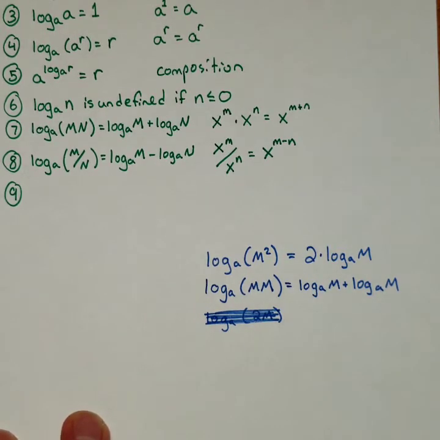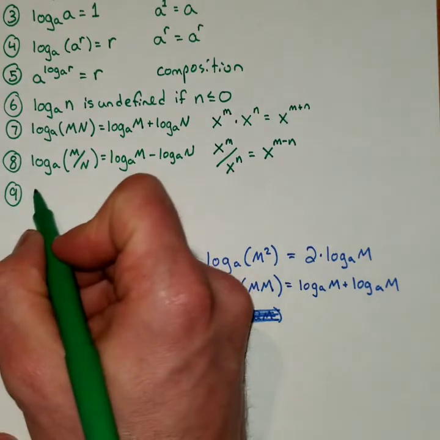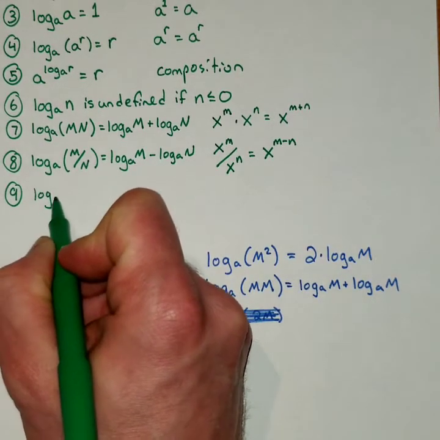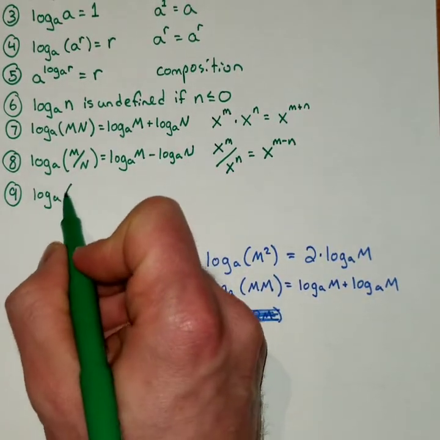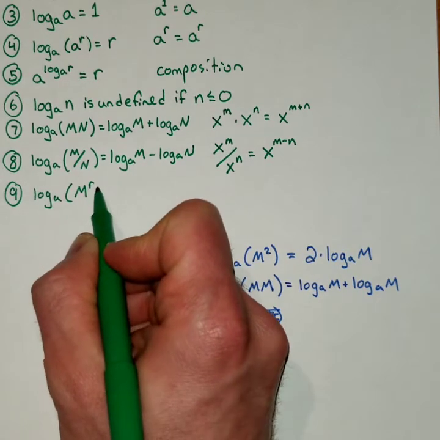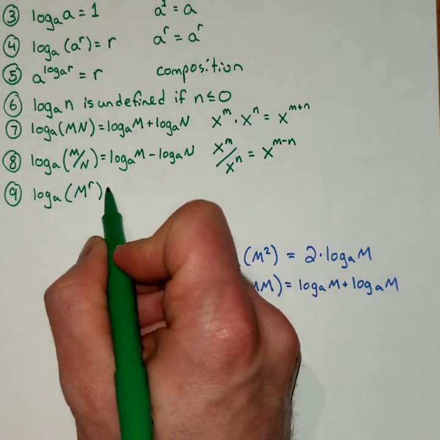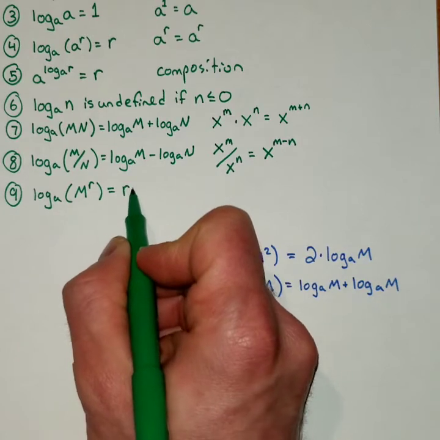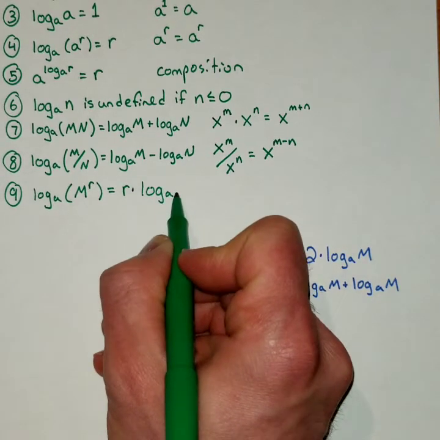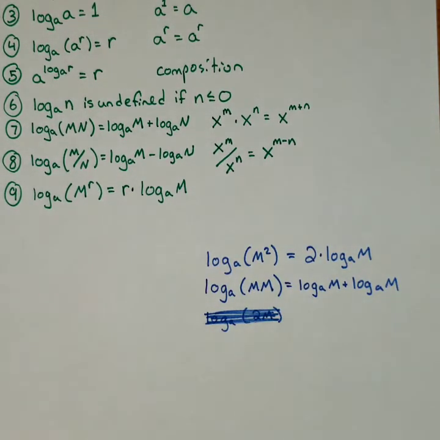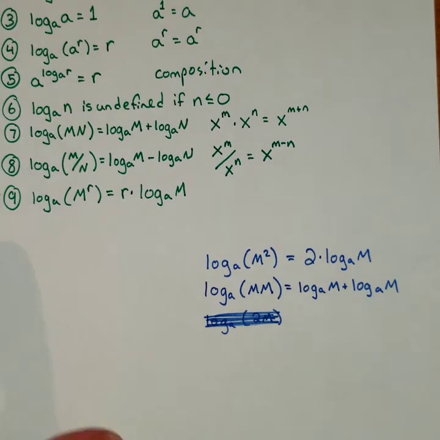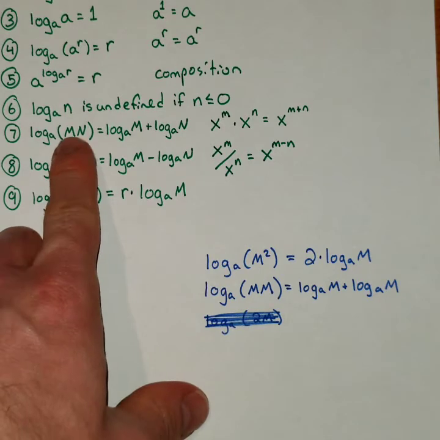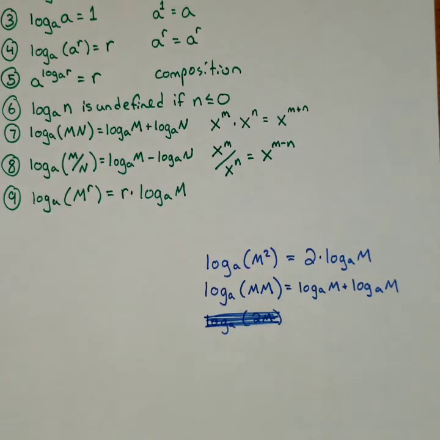And so in a general sense, if I wanted to take log base A of M to the r, then that is equal to r times log base A of M. Alright, so again, it's an extension of property 7 where you have the same factor repeated multiple times.